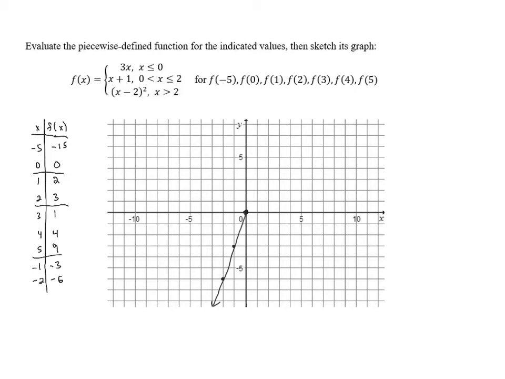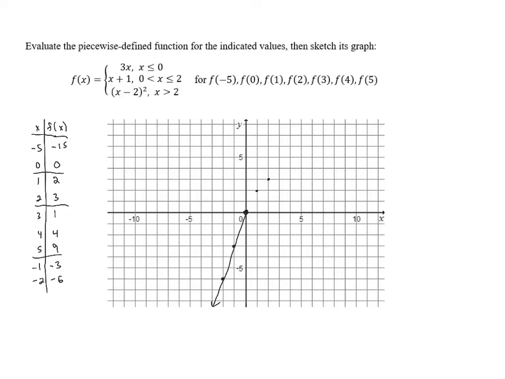Now we can look at the second part of the domain. We're looking between 0 and 2. So if we look at these two points that we have, (1, 2) and (2, 3), again, we have a linear function. It's just a different linear function. Instead of 3x, it's x plus 1.